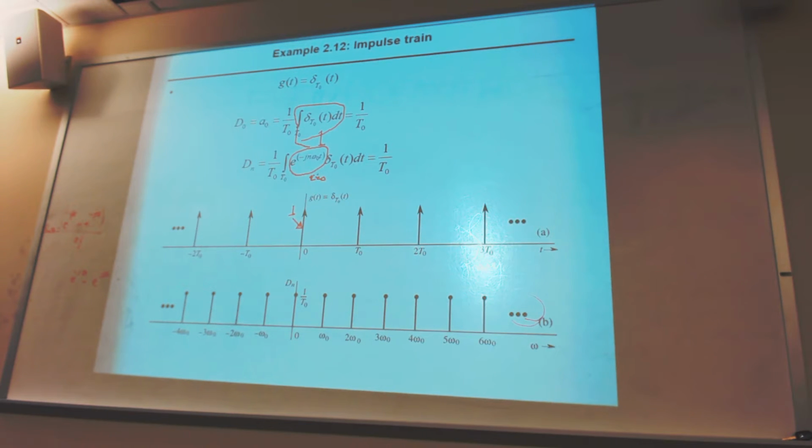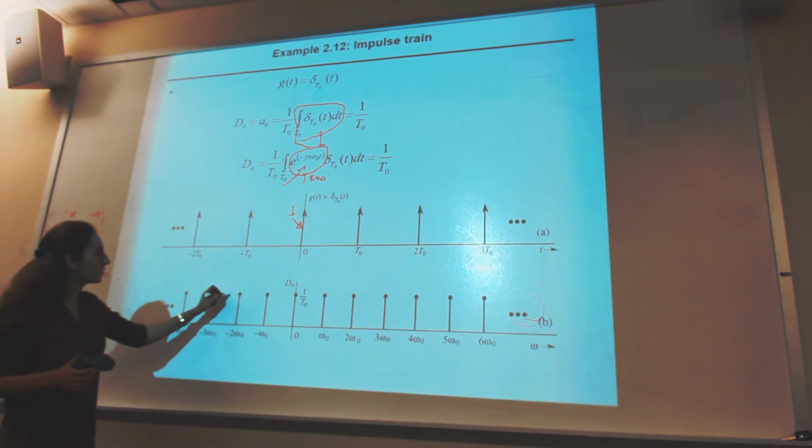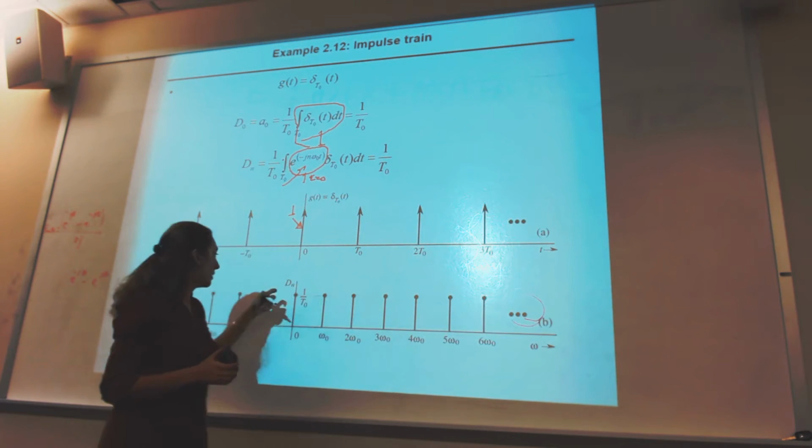Because the delta is at 0, I have to evaluate it there. When I put t equal to 0, what do I get? 1. e to the power 0 is 1. Very good. So you end up with the integral of delta, and the integral of delta is 1. So again, we get 1 over T naught. It's beautiful: all the Dn equal 1 over T naught. So all of them have the same value. I told you about this the other time.